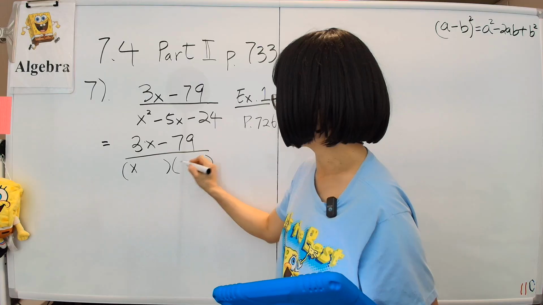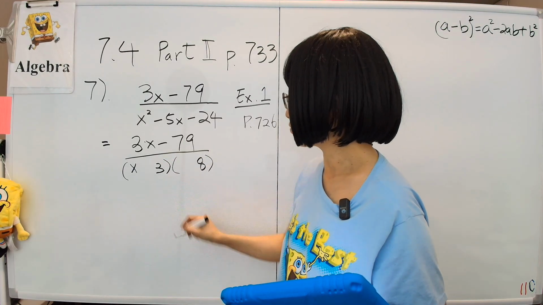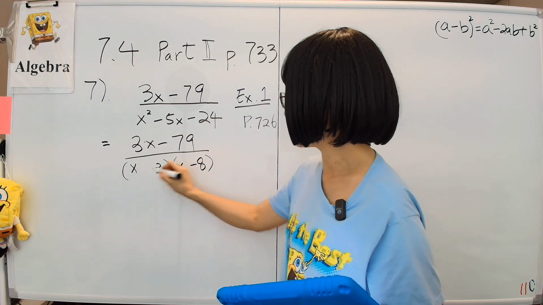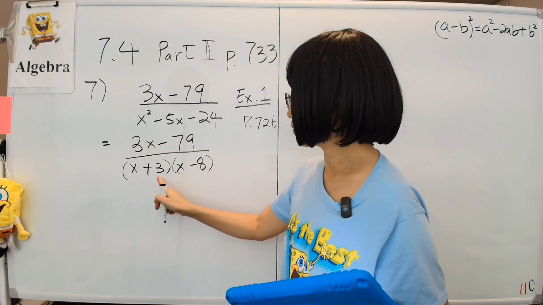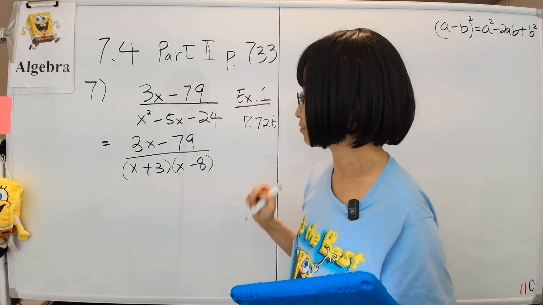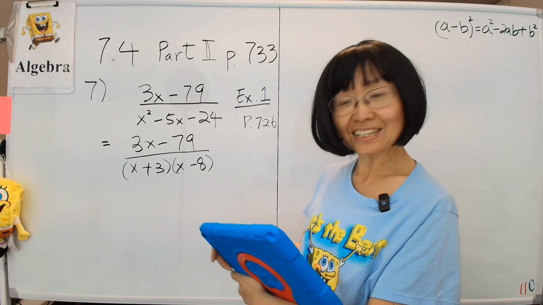Well, 3 times 8 is 24, and 8 minus 3 is 5. So to have a minus 5, we will have minus 8 and plus 3. Minus 8 plus 3 is minus 5, and 3 times negative 8 is negative 24, so that works out. Okay, that's the easy part.